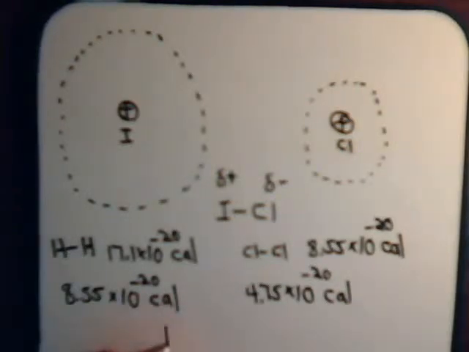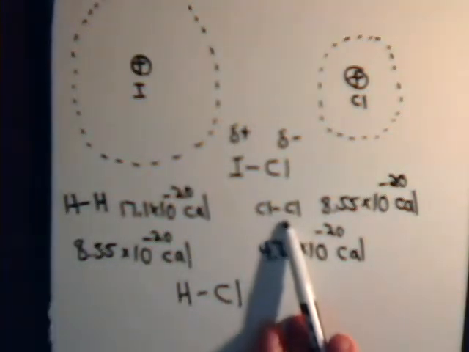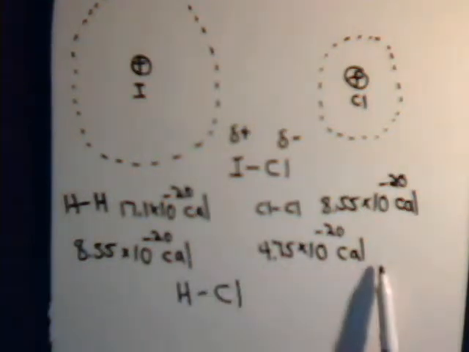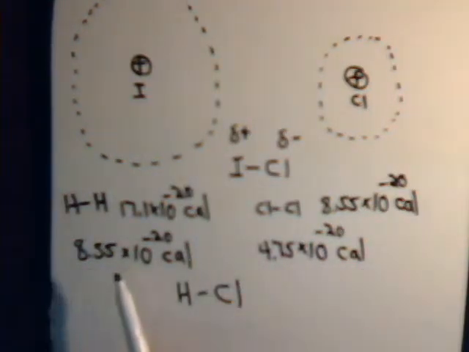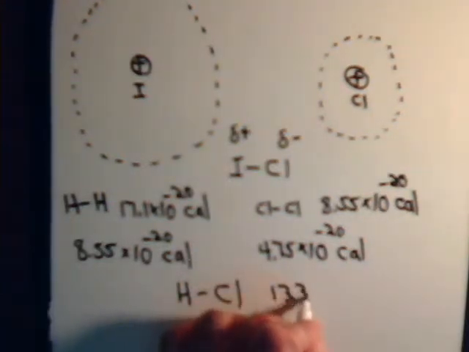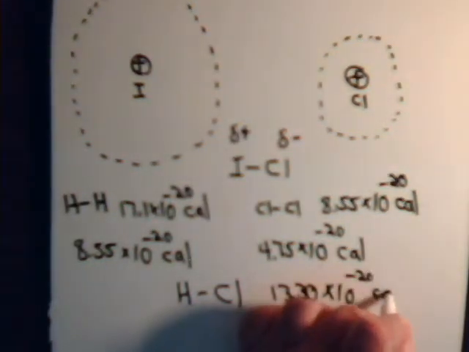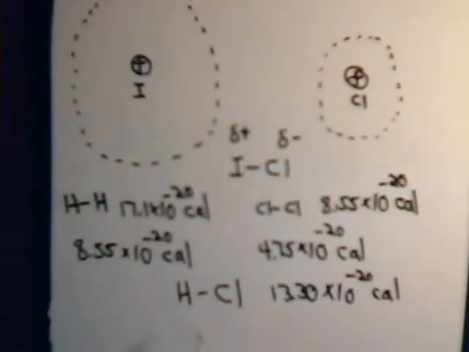So if we have, say, a molecule of hydrogen chloride, then we would think, well, a bonded hydrogen atom can contribute this much chemical strength. Each bonded chlorine atom can contribute this much. So if we add this, we would expect it would take about 13.30 times 10 to the minus 20 calories to break that bond.